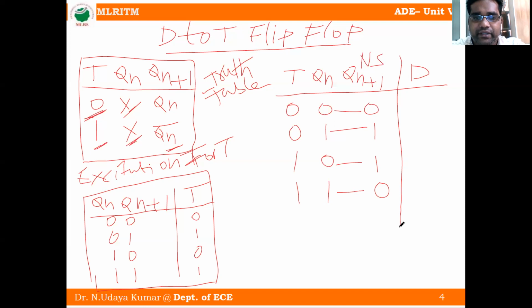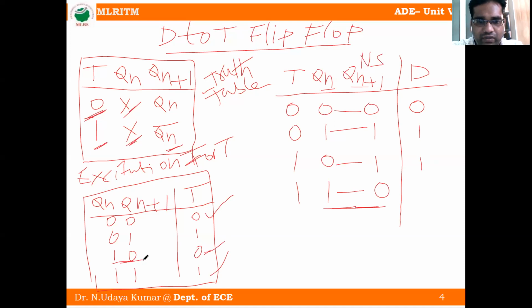Then we will find D. When Qn and Qn+1 are 0 0, we will get 0, so we write it as 0. If 1 1, we will get 1. If 1 0, we will get 0. If 0 1, we will get 1, and for 1 0 we will get 0.